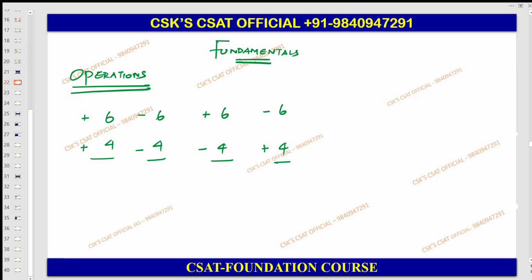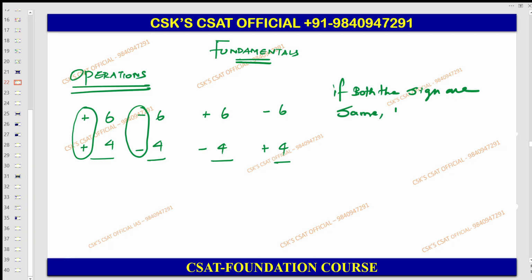In such situations, if both the signs are same, then add the two given numbers. So the resultant here is 10, here also the resultant is 10.